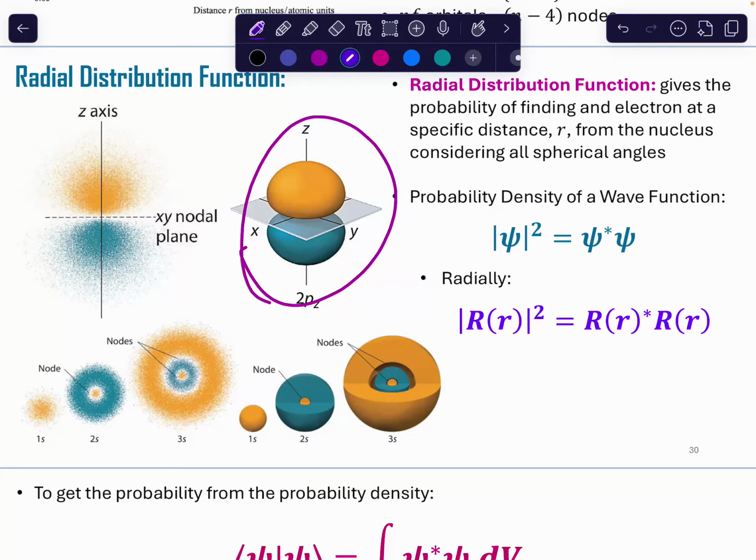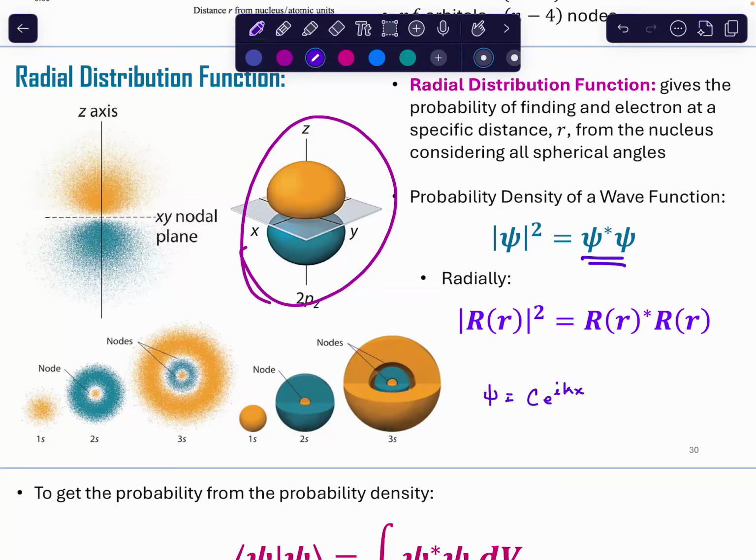Now, I want to cover some math here you may not have seen before. If you look at this, you see that the wave function squared is what's called psi star psi. The star is what is called the complex conjugate. So let's say we have part of our wave function that we found earlier.